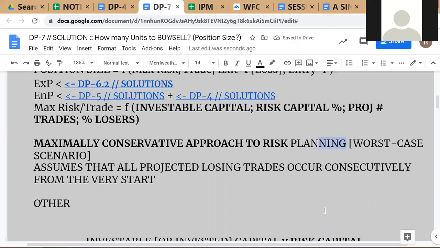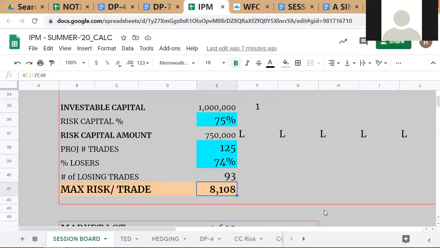Okay, so the reason we do worst case is basically we want to make sure that there are no negative surprises. So if I'm already prepared for the worst case, then I can never get a negative surprise. Okay, so that's basically the idea here. One of the most important things in trading is to be able to avoid a negative surprise.